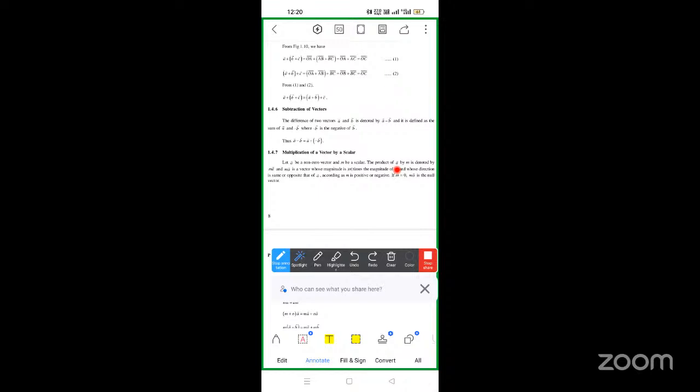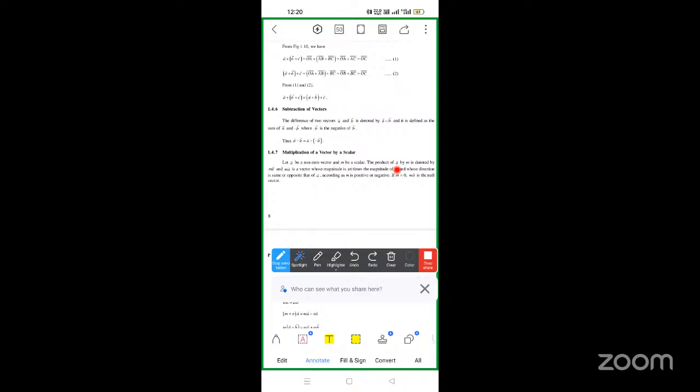So in both cases, whether M is positive or negative, the magnitude of M A is equal to mod M times the magnitude of A.